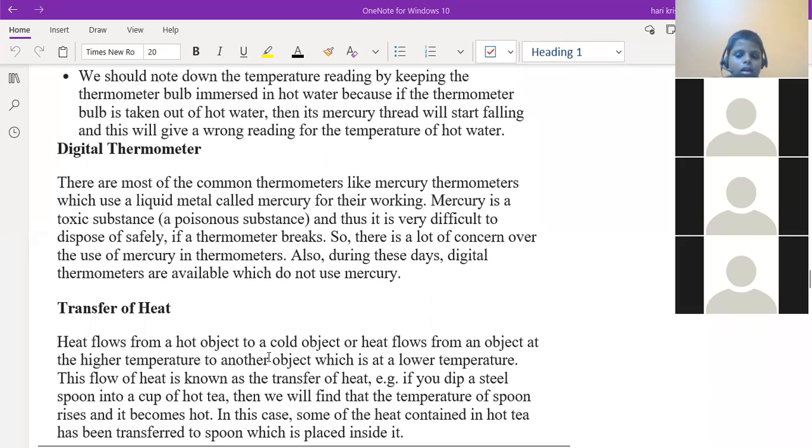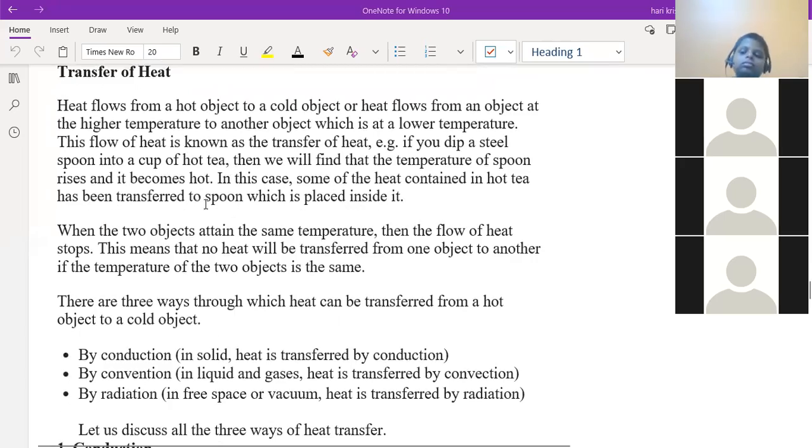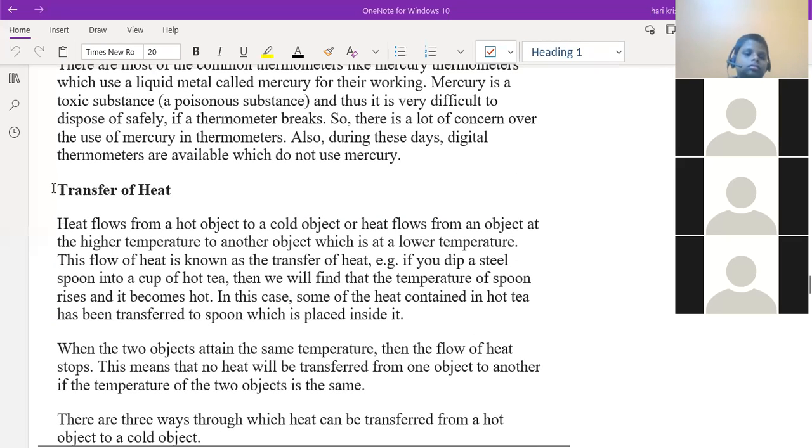Okay, so next one is the transfer of heat. Sometimes when I stay outside for too much time and it's cold outside, the infrared thermometer shows that I'm 32 degrees Celsius. Sorry, I didn't understand, Harini.